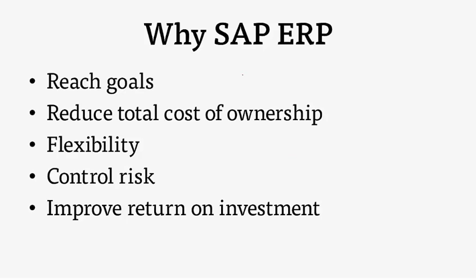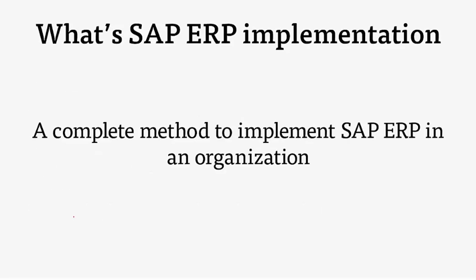According to the company, the main benefits of ERP include alignment with company goals, reduced total cost of ownership, flexibility for industry changes, risk reduction, optimized IT, improved return on investment, and more enterprise system benefits. SAP ERP implementation is the whole of the process that defines a complete method to implement SAP ERP in an organization.